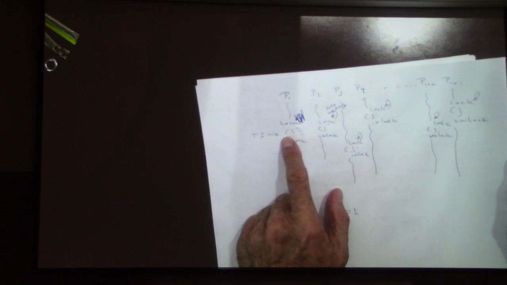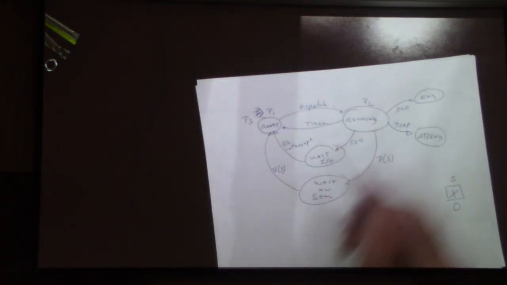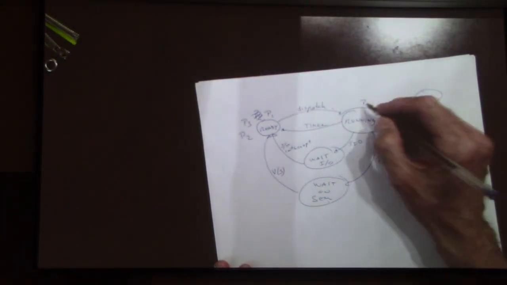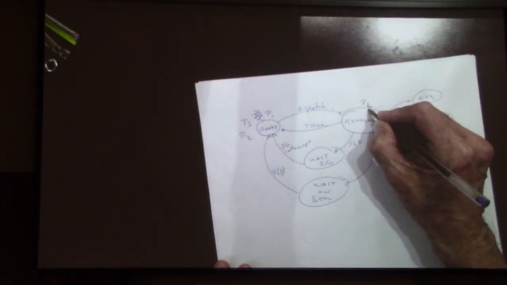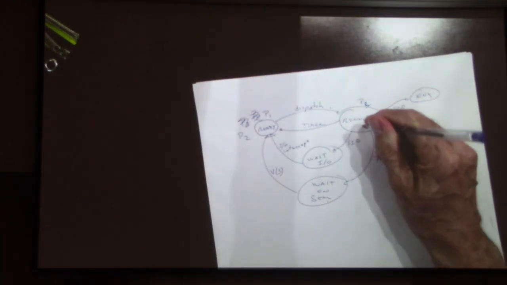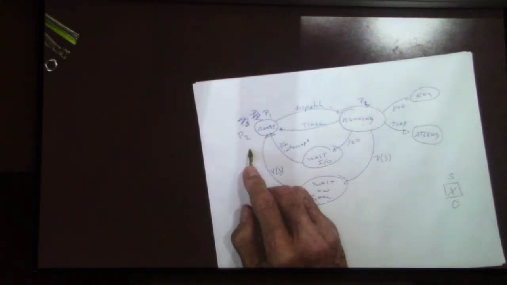If there is a timer interrupt, P2 goes here, and let's say the CPU is now assigned to P3. So P3 is running. P2 is ready, but that process was in the critical section when interrupted.